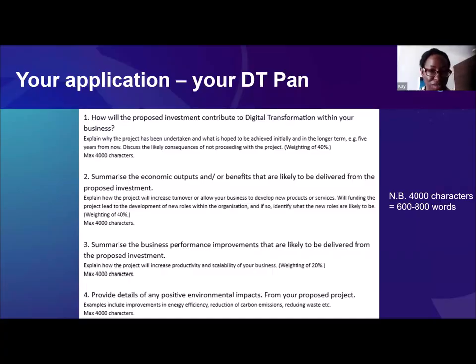So the second part of it is looking at how the proposed investment is going to contribute to the transformation within your business. So you've got 4,000 characters, which is 600 to 800 words, basically. So you're going to talk about why the product's been taken up, what you hope to achieve, and also look into the future a little bit, to show that you are applying long-term strategic thinking to this, and thinking about how it's going to take your business forward.